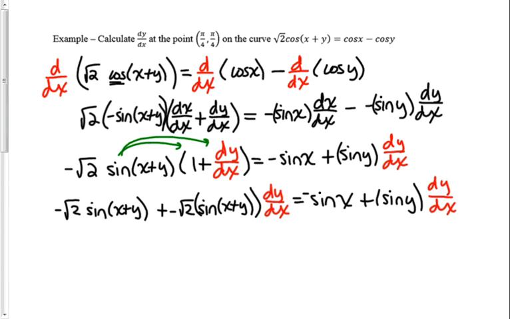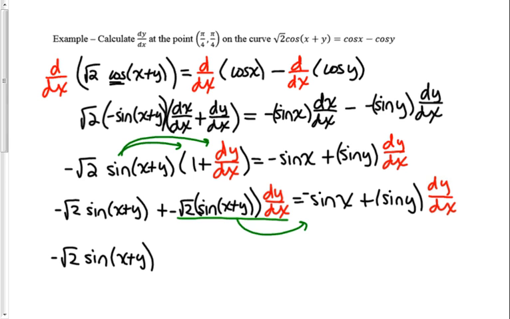So I can clearly see now that I can get my dy dx's on the same side. And actually what I'm going to do is move this one. I'm going to add it to the other side so that I'm dealing more with positive numbers. So negative square root of 2 times the sine of x plus y.